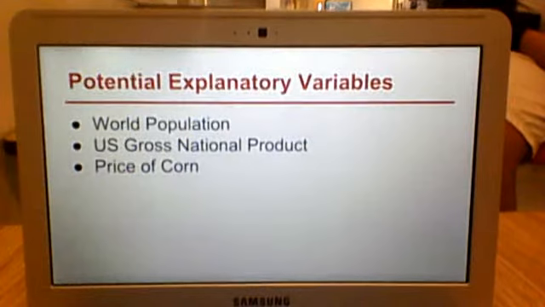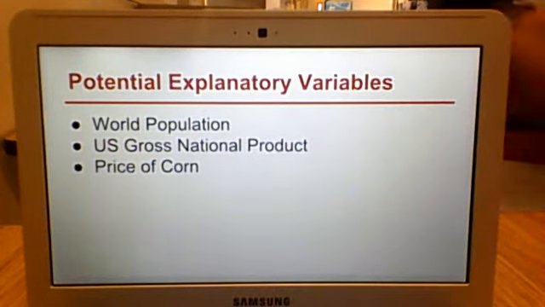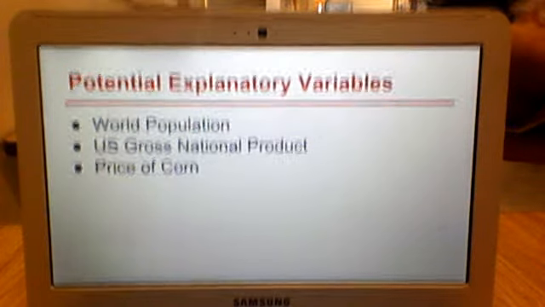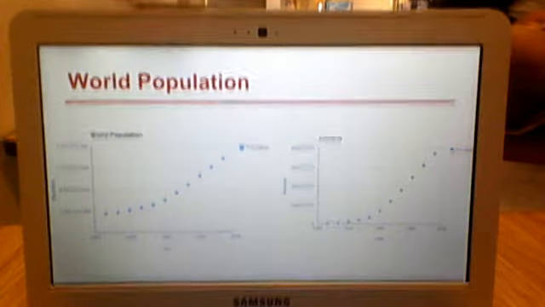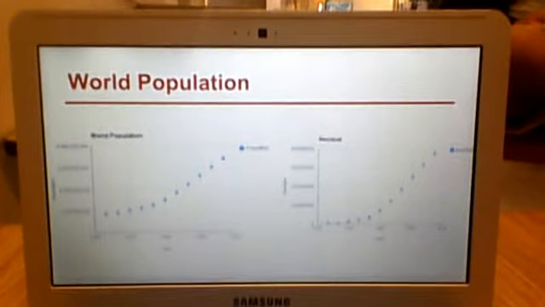So for my graphs, I've found other potential explanatory variables such as world population, U.S. gross national product, and price of corn over time. On the left side of this is the world population, which is a scatter plot, and on the right is the residual.